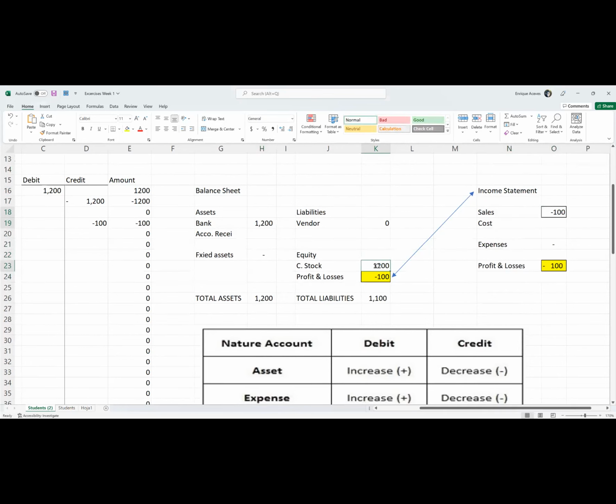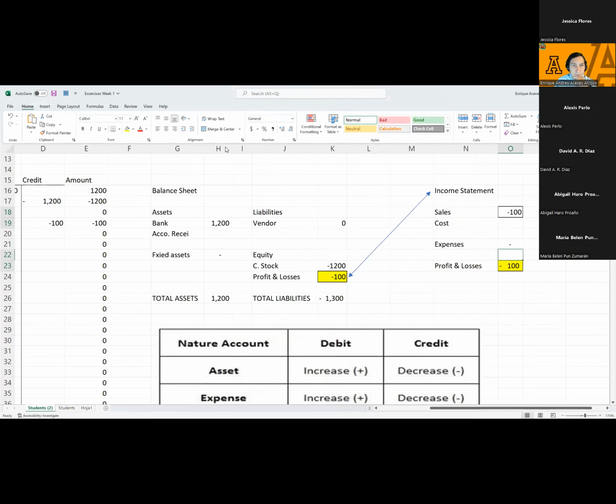Wait just a second. But right now we are not balanced. Guys, do you understand what I mean?